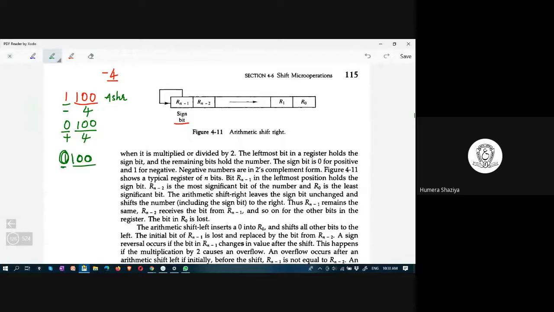Now, whenever you are performing shifting operation, this bit you have to leave as it is. Then this one would be transferred here. This zero would be transferred here. Here you are transferring zero, and then this sign will be preserved. Preserved means you just copy it from this position to this same position. So then what happens now? The number would become 2 and the sign would remain as minus.